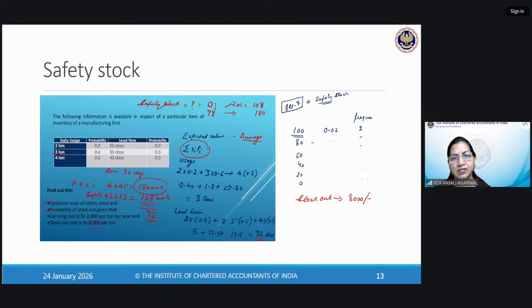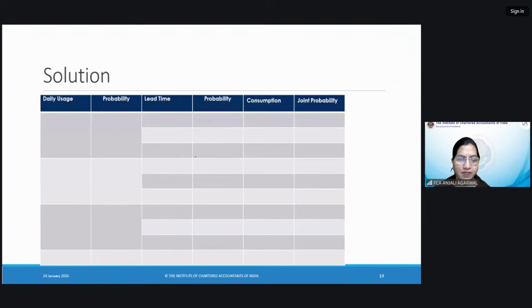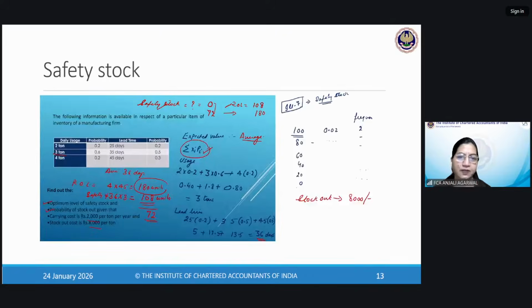So the average consumption and average time will be calculated using the formula summation XiPi, the expected value. When I applied this formula to the usage, you had 2 into 0.2, 3 into 0.6, 4 into 0.2. And when I applied it to the lead time, 25 into 0.2 plus 35 into 0.5 plus 45 into 0.3.